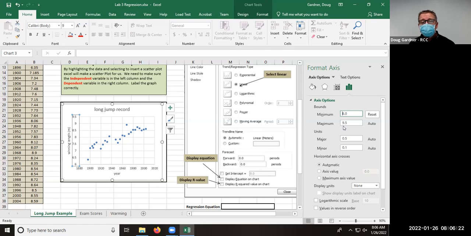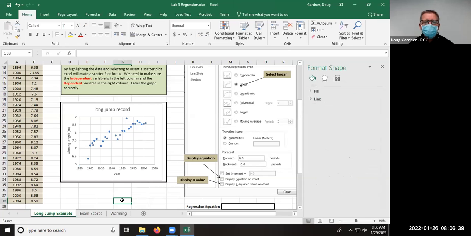You would want to control that, make that a little bit nicer. I can see there's nothing over the top of 9 either, so I could set the maximum to be 9 if I wanted to, I guess. Splitting hairs, but it's kind of cool to control it. So that's a pretty good graph now. I mean, it's boring. I didn't do anything with colors or anything of that nature, but at least it's accurate.